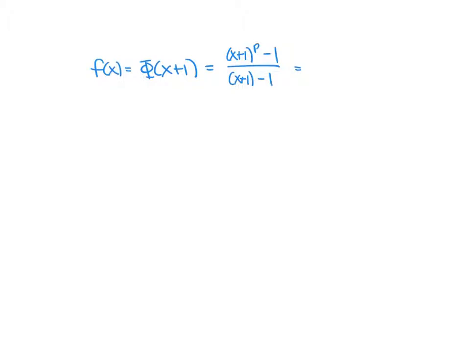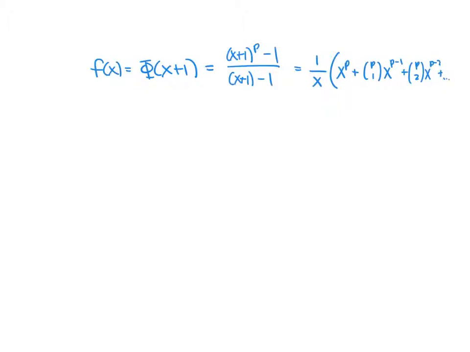So that's, let's see, the denominator there is just x, so let's leave that out for now. And then the top thing, if you use the binomial theorem to expand that, that's x to the p plus p choose 1 times x to the p minus 1 plus p choose 2 times x to the p minus 2.